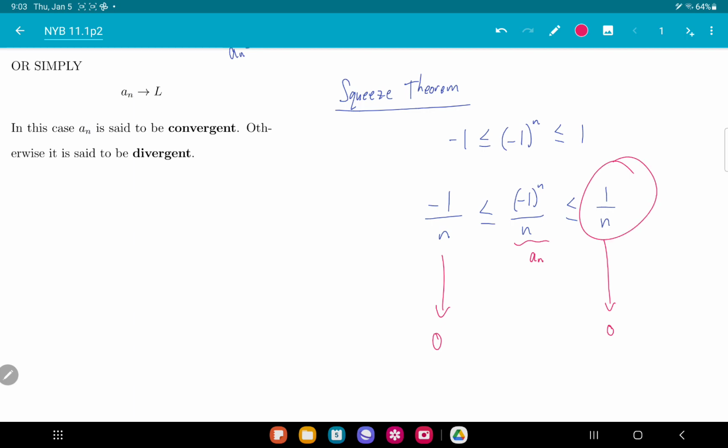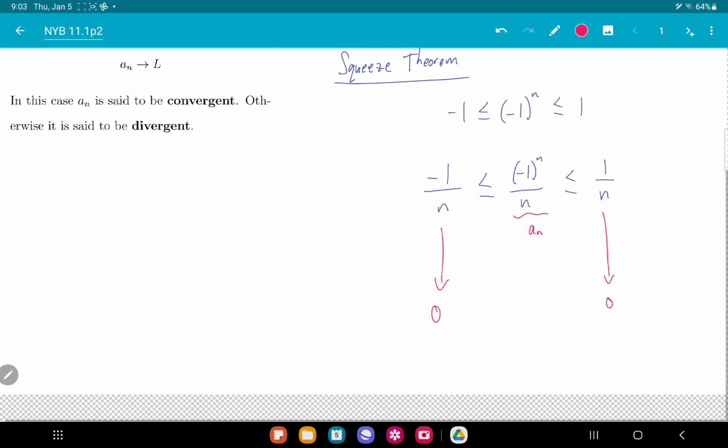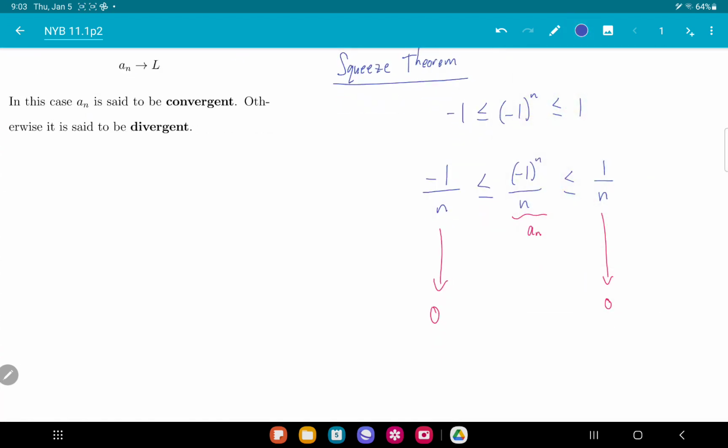If I look at this fraction here, and I let n go to infinity, I of course get 0. So my conclusion, using what's called the squeeze theorem, is that because this side goes to 0, and this side also goes to 0, my middle part goes to 0 by the squeeze theorem.